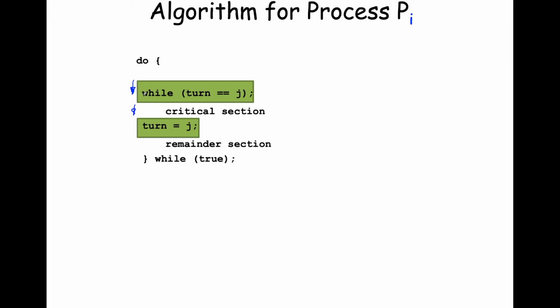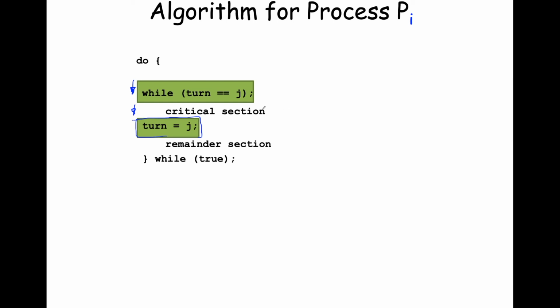This barrier or spin lock, as it's called, it's now executing in its critical section. And so then after process i is done with execution of its critical section, it has the exit section here. What it does on the way out after the critical section is set the turn to some other process number, so some other process can become unstuck and execute in the critical section, therefore modifying the shared variables.